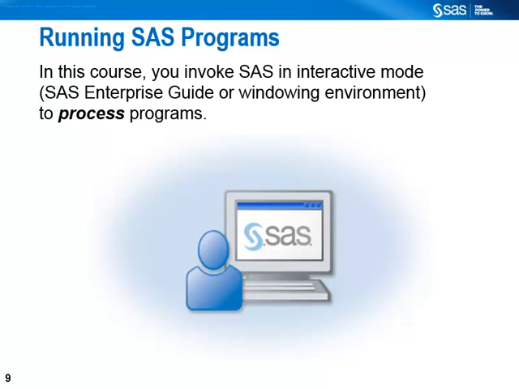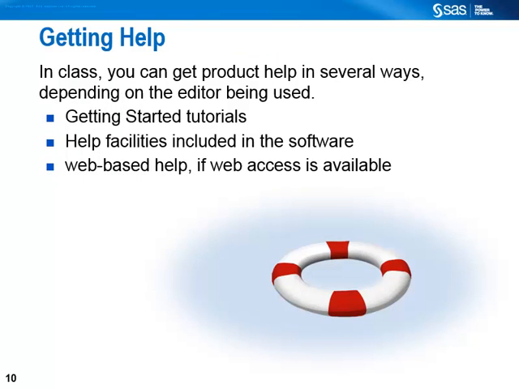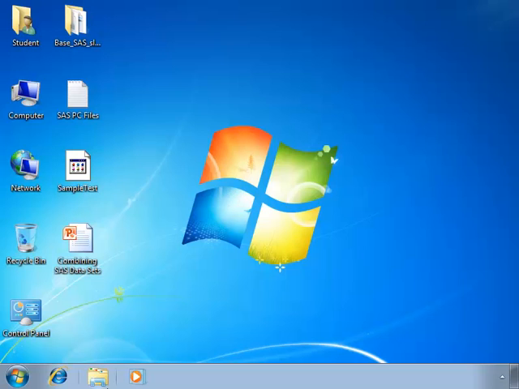Running a SAS program: in this course, we invoke SAS in interactive mode, SAS Enterprise Guide or the windowing environment, to process the program in the programming interface. Then we will navigate through the help facility, how we can utilize the help facility provided by SAS. Now let me take you through the different interfaces that we just talked about in our slides.